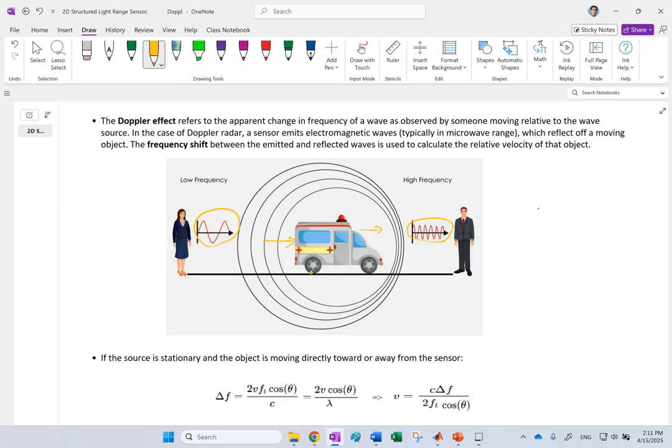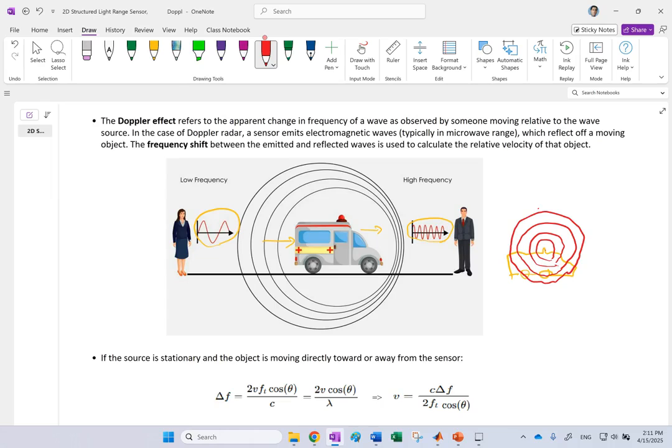Why is that? Because if this ambulance is fixed and it is not moving, okay? Now, that's not an animal, that's an ambulance. If it's creating waves and not moving, these spheres, or in 2D, these circles, are going to be all concentric and spreading out.